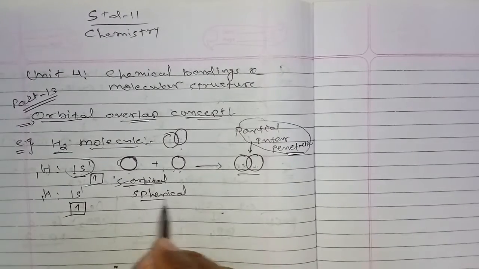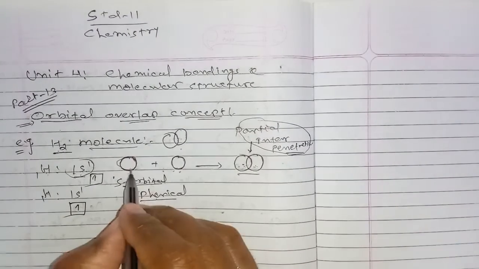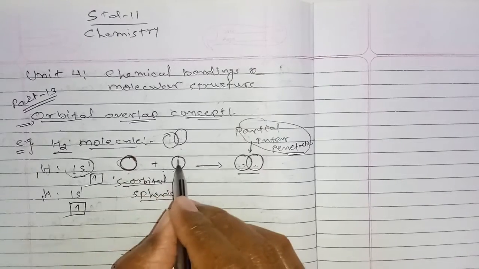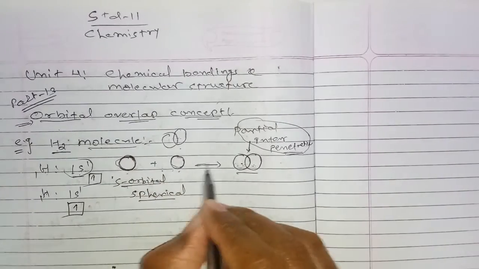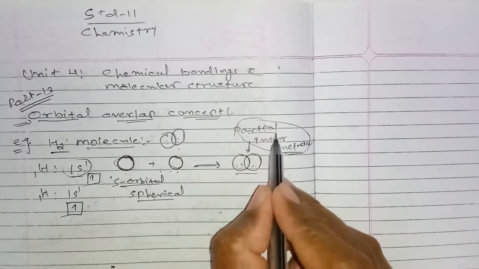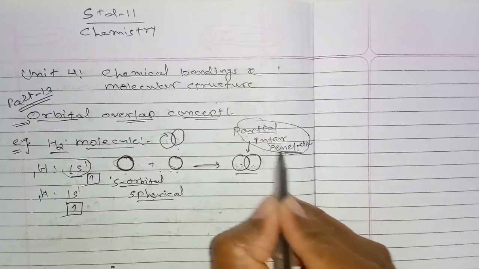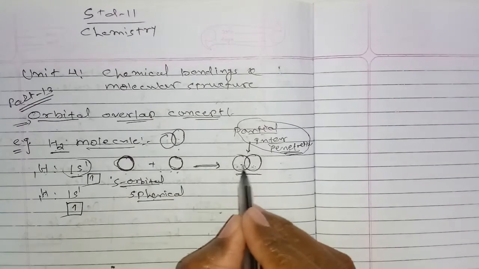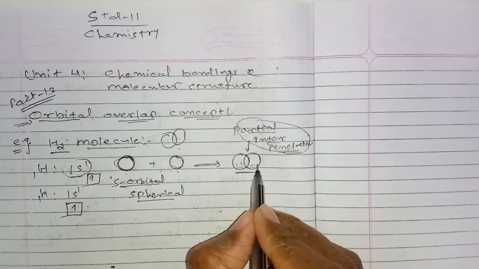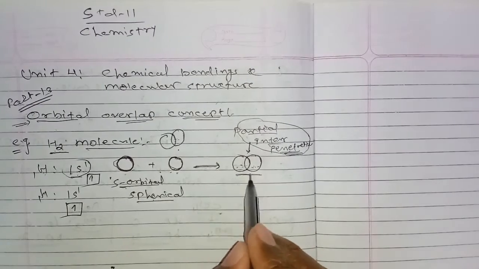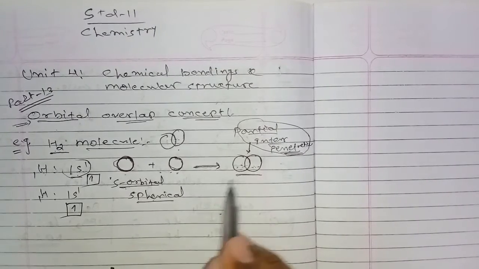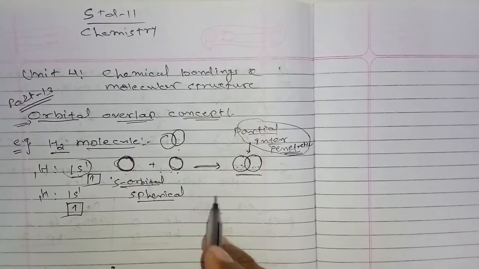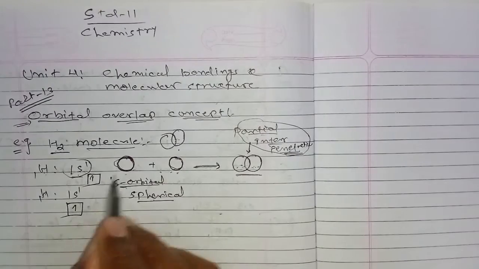As the orbital has a spherical shape, they partially interpenetrate, and this merging of the two orbitals is called overlapping of atomic orbitals. That results in the pairing of electrons.